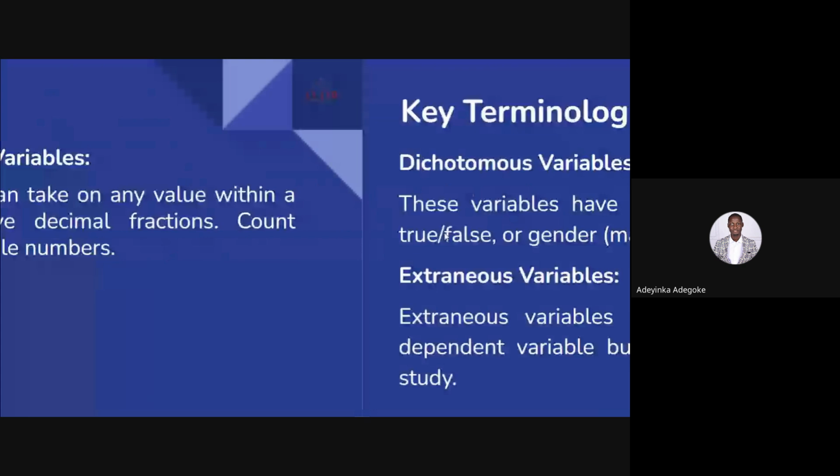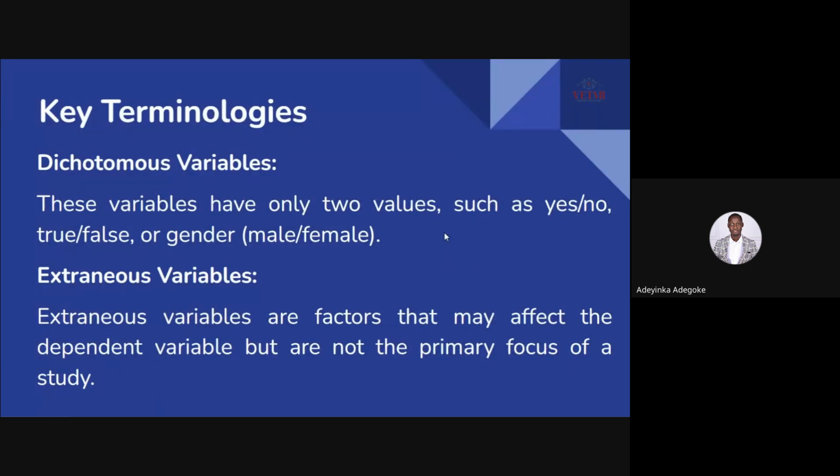All right. So we have the dichotomous variables. Dichotomous variables are variables that are categorical variables, but they only have two values. So only two possible values, only two possible categories.